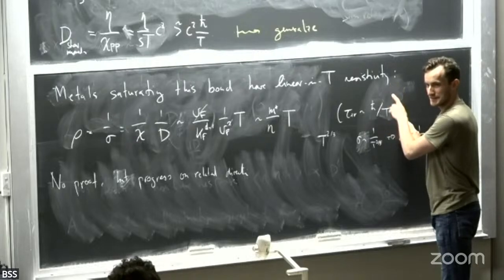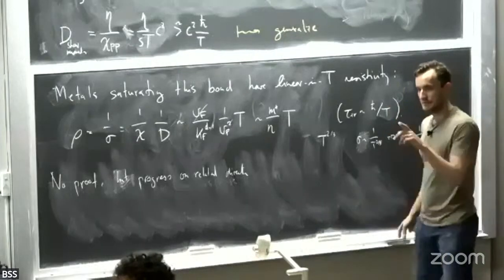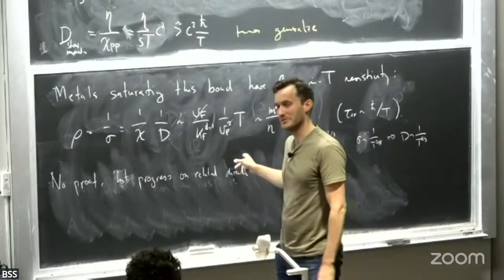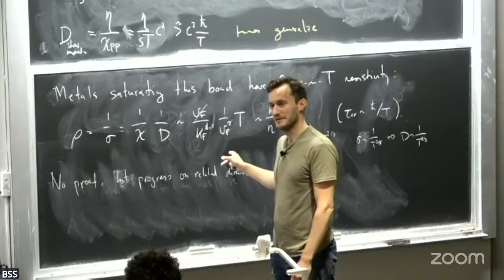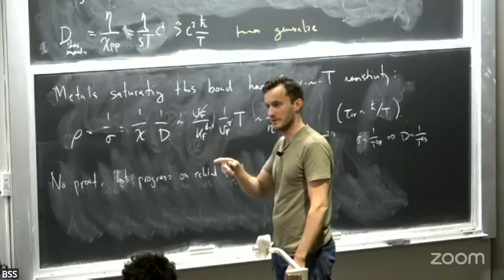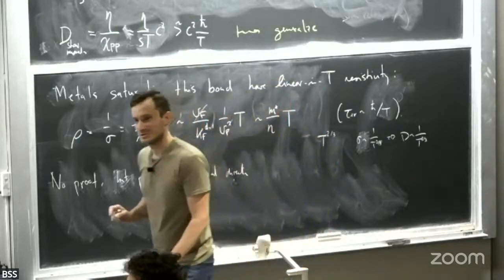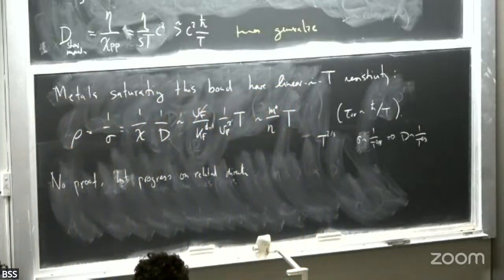There's always issues like the effective mass. Let me answer this question in the context of the Planckian bound, where I know the answer. Here I'm a little bit less sure if it would be considered a counterexample. In the context of the Planckian bound, it's not a counterexample because of the renormalization.